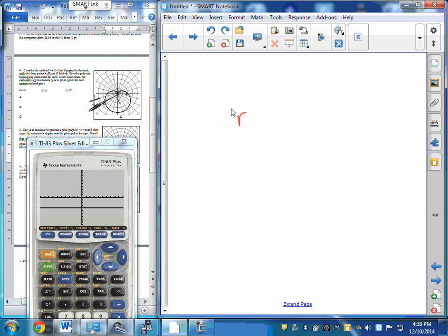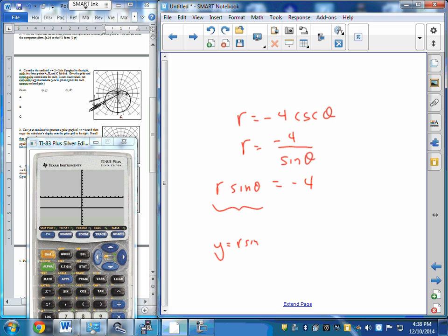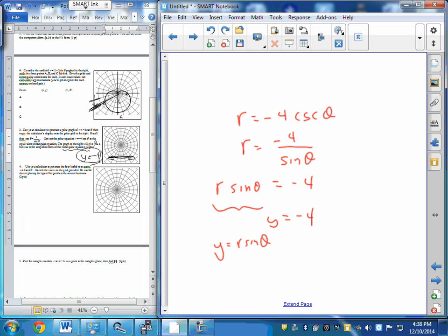We know that r is negative 4 cosecant theta, or if you want, r is negative 4 divided by sine theta, or if you want, r sine theta is negative 4, and recall that y is r sine theta. Okay, so it makes sense this is y is negative 4. Okay, so that takes care of that one.